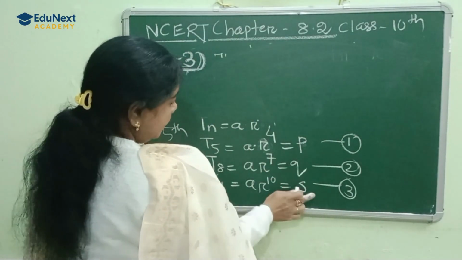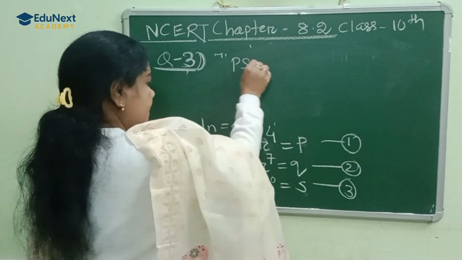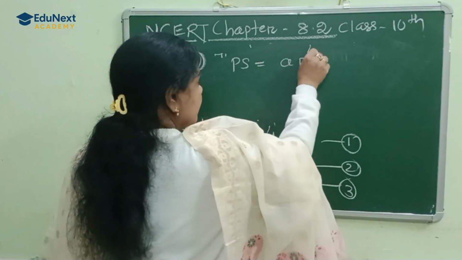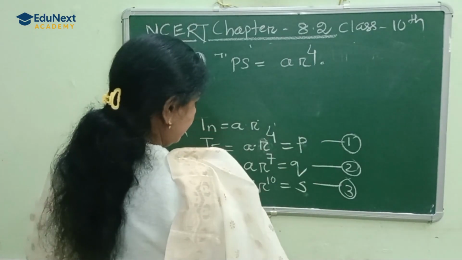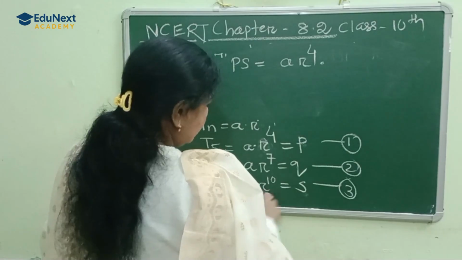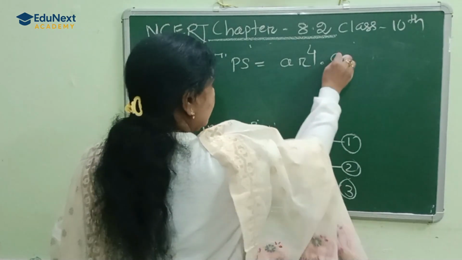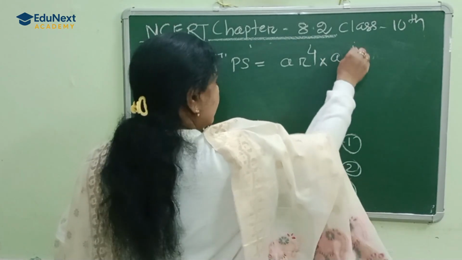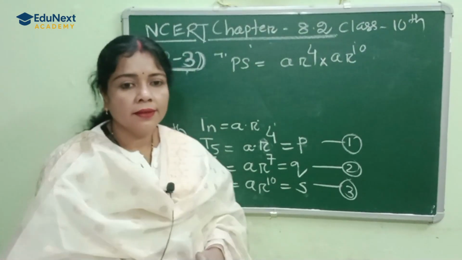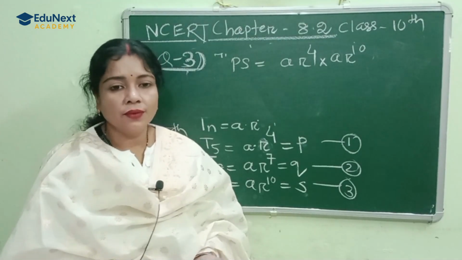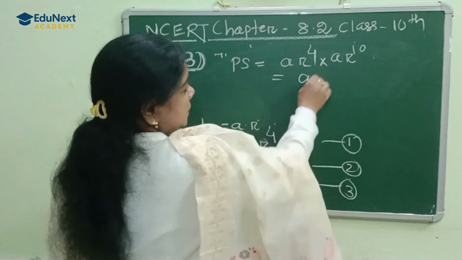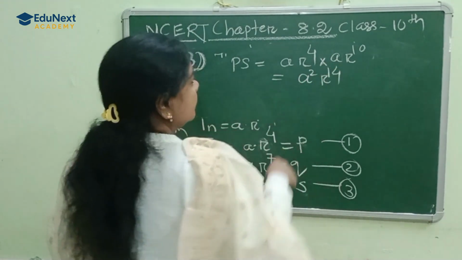Now P into S. PS is equal to, P is what? a into r to the power 4 into S, which is a into r to the power 10. Okay. So what is the addition? So here PS is a square r to the power 14.